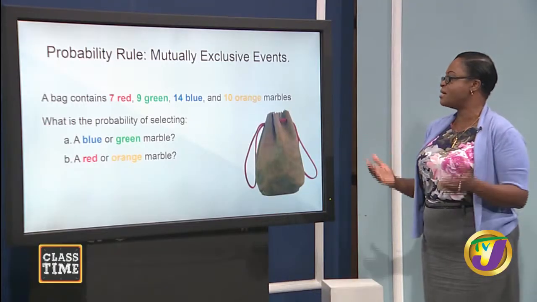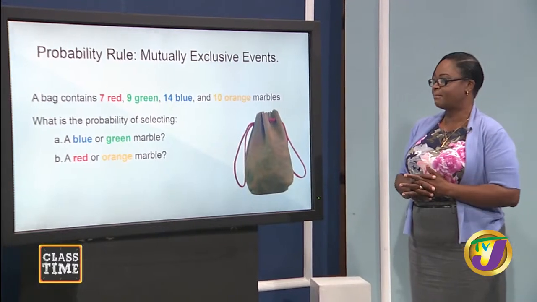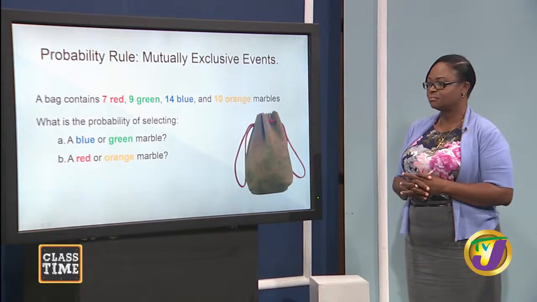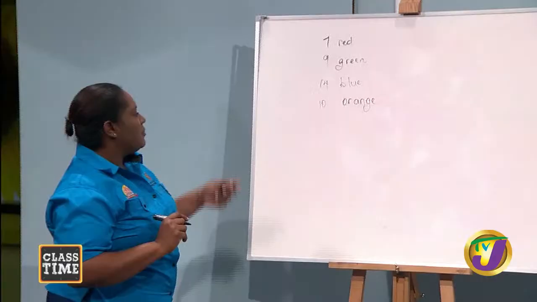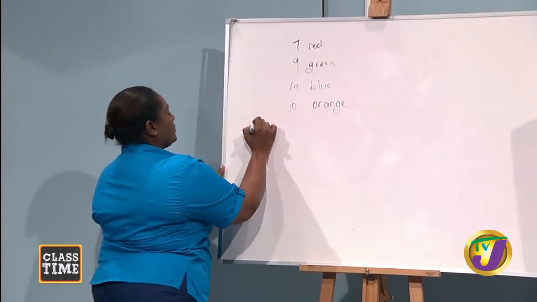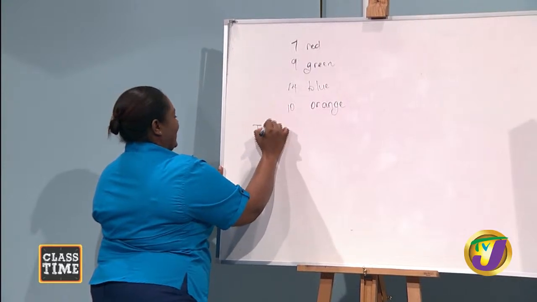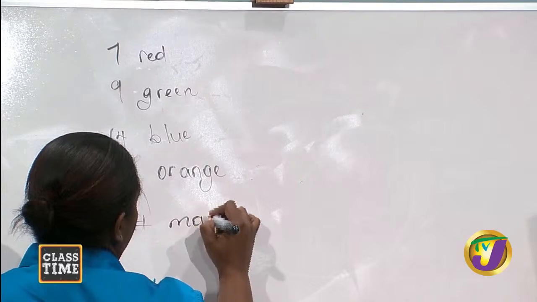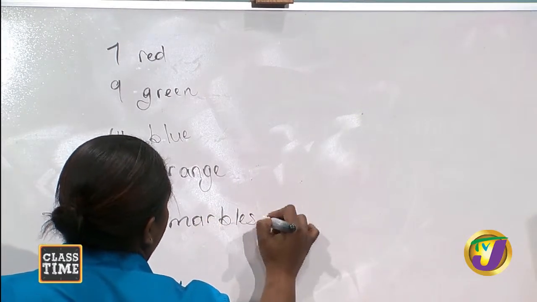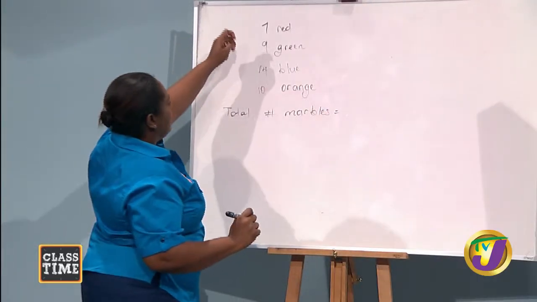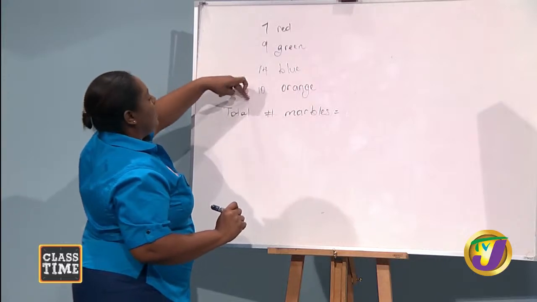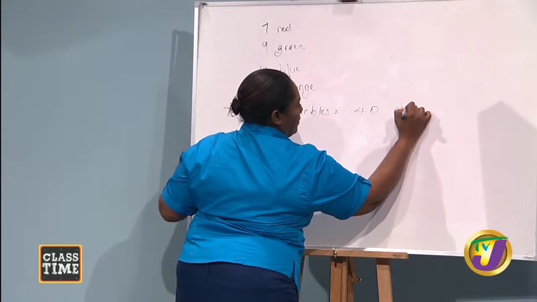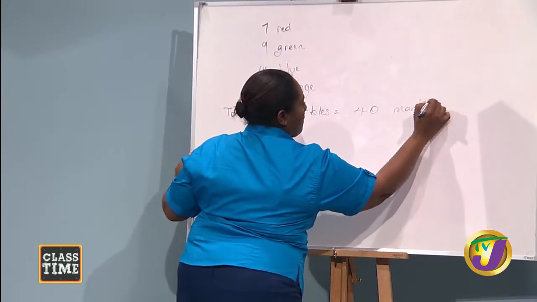How many marbles are in the bag? Once we're looking at probability, it is important for us to consider the total. So what would be the total number of marbles? That is 7 plus 9 is 16, plus 14, that's 30. Plus 10, 40. So in all, we're working with 40 marbles. So we now have the total.